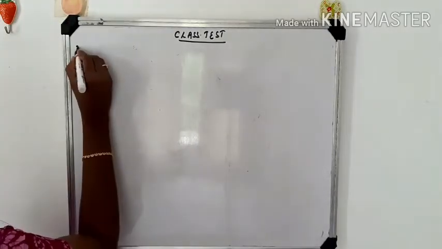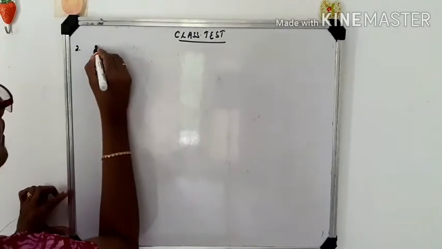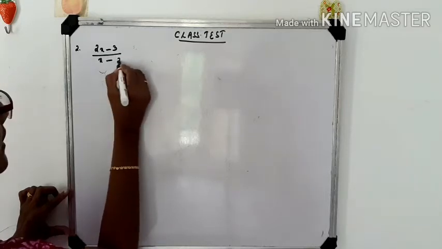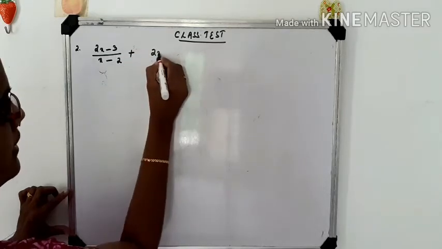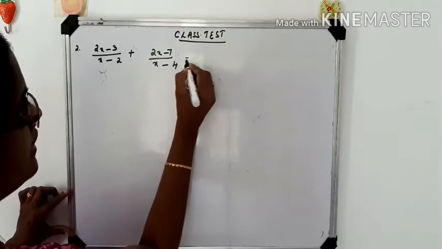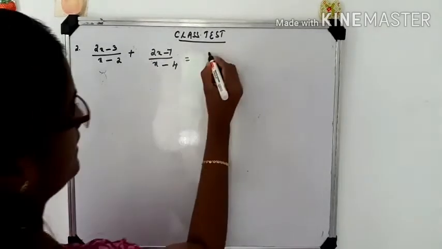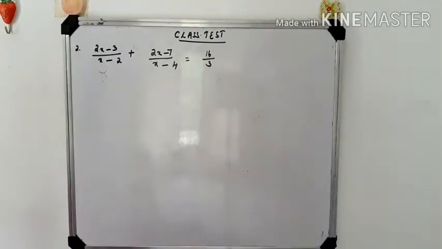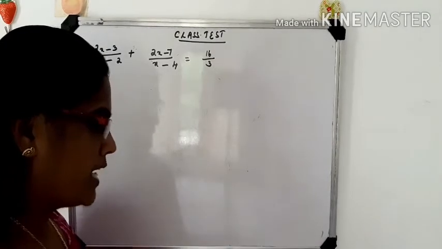Then the second question is solve (2x − 3)/(x − 2) + (2x − 7)/(x − 4) = 5 1/3, that is 16/3. 5 threes are 15, plus 1, 16/3.